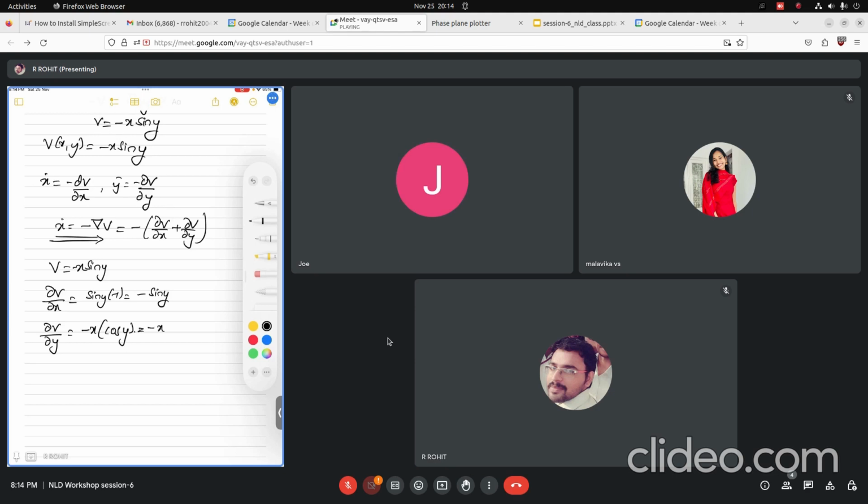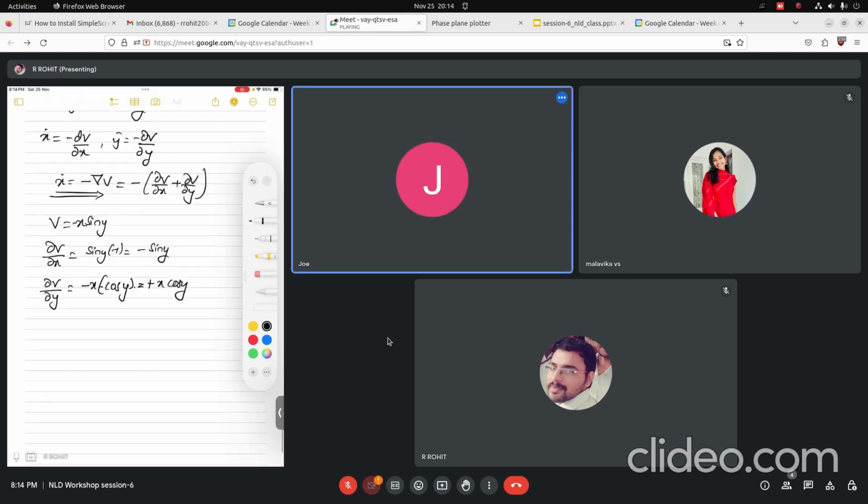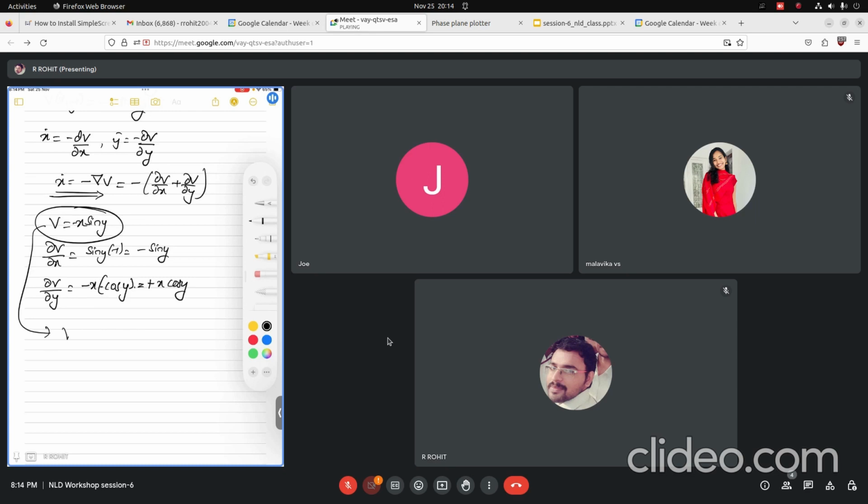So sorry, the derivative of sine gives cos, and with the minus sign it will become plus x cos y. So the potential function v is minus x sine y. You can say that there is a potential function v of x comma y, and we can write x dot is equal to minus del v.